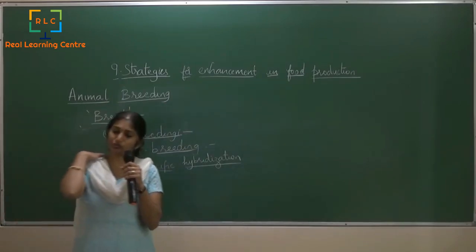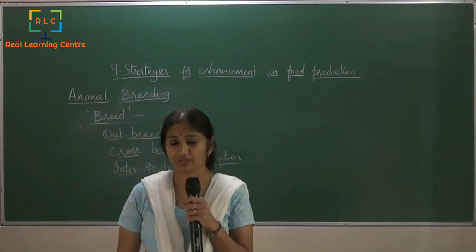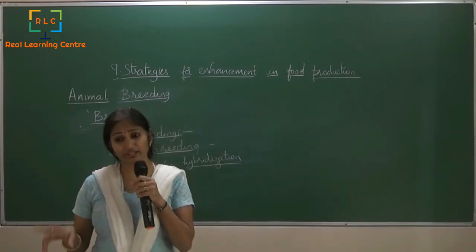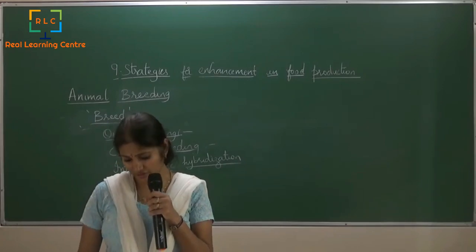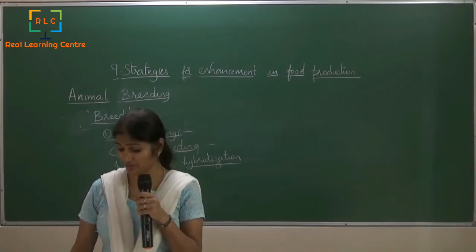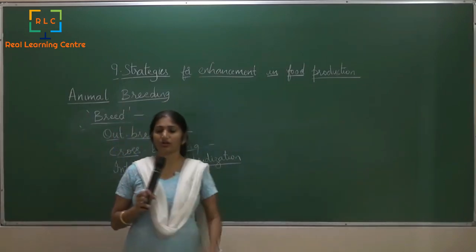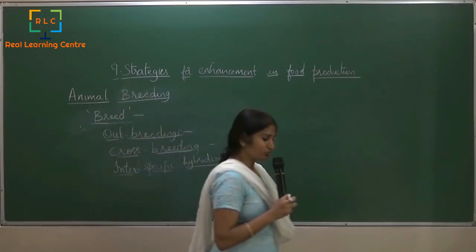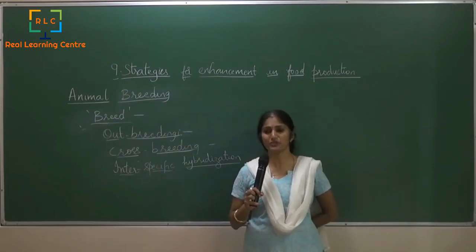Now, if you know biology very well, you will know that generally a species is a group of animals which have the ability to mate together, right? Whereas if you have two different species, generally they will not mate at all, or even if they mate, their progeny would not be fertile. This is the whole idea of defining a species.